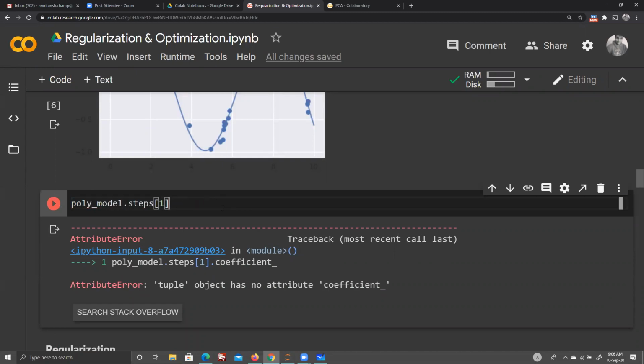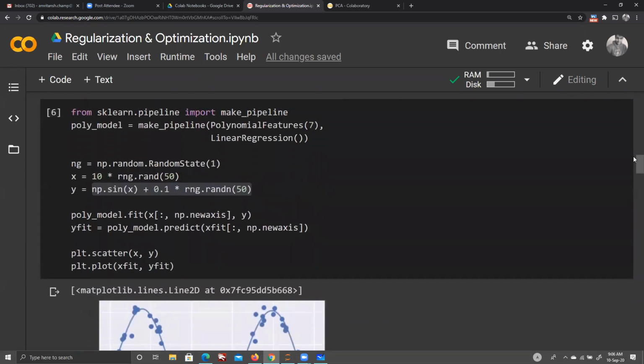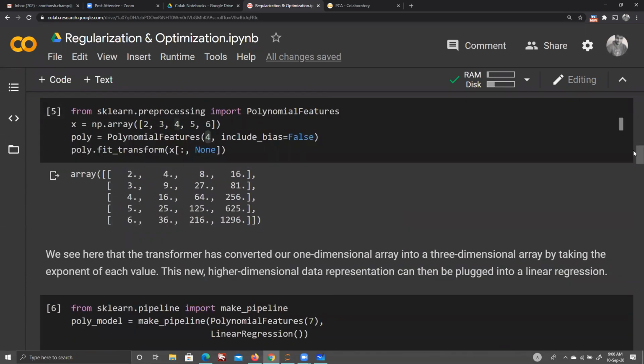What was the question? If you go back to the previous slide, theta 1, where you had the multiple. Yeah, this one here. For x1 we are assuming theta 1, then theta 2 for x squared, theta 3 for x cube, and theta 4 for x to the power 4.